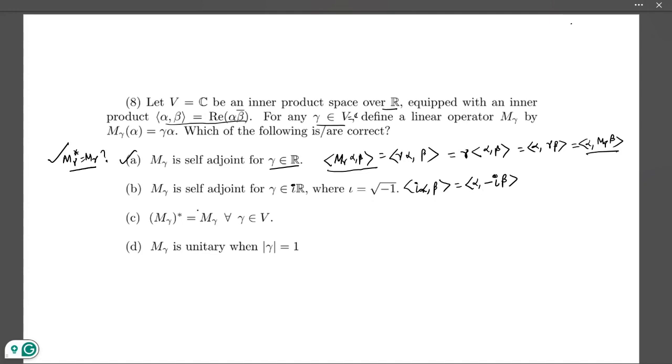So that is why it will become minus i. These two are not the same. M gamma is just M i, and M gamma star is minus i. So this is not self-adjoint. You are getting M i star is equal to M minus i, not the same. So this B option is incorrect.